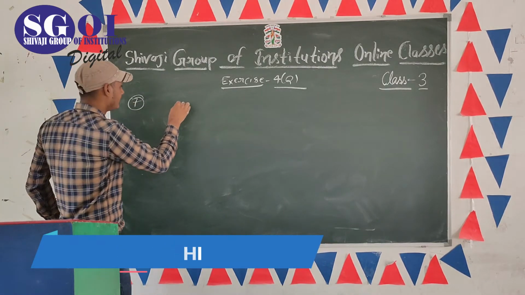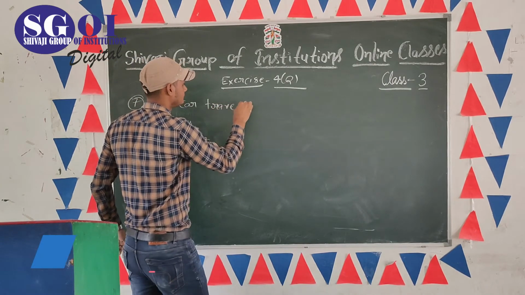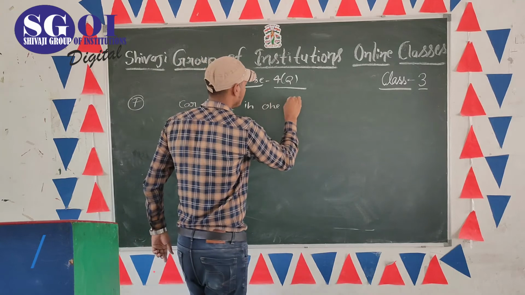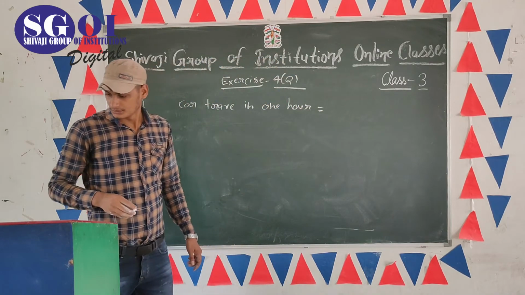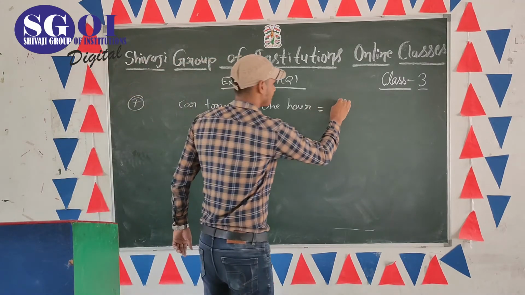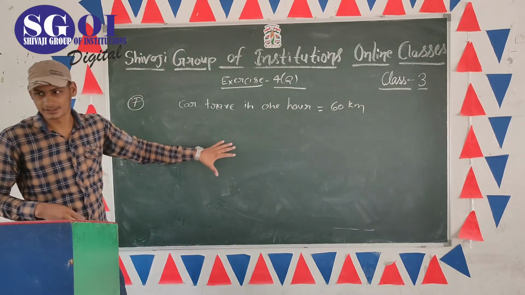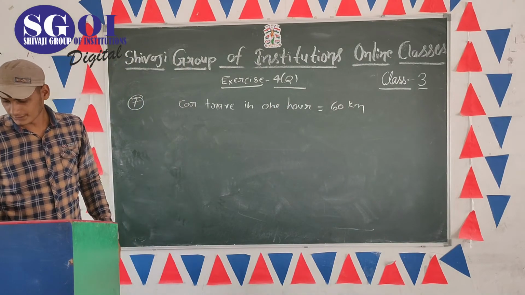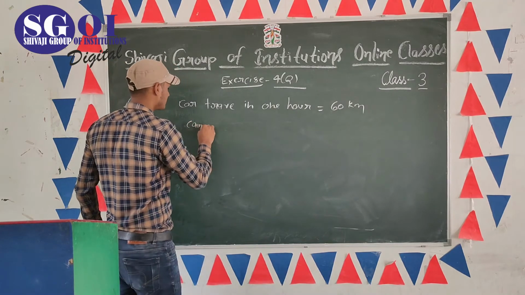A car can travel in 1 hour, which is equal to 60 kilometers. How far will it travel in 3 hours?